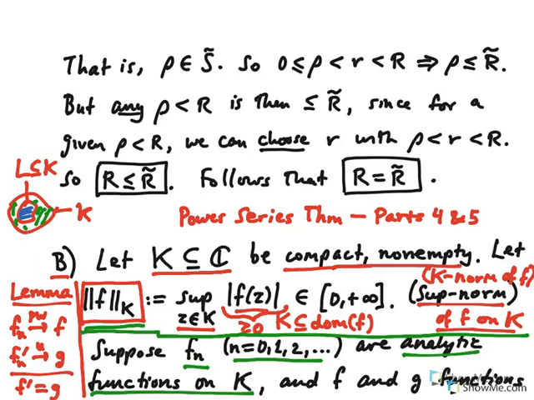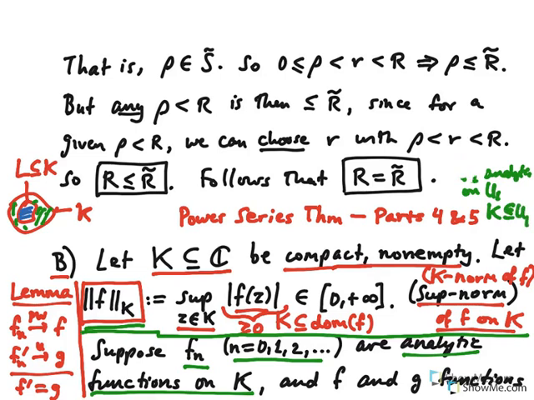Right? So for example, f0 will be analytic on a region u0 with K inside it. Then also f1 will be analytic on some region u1 where K is inside of u1 as well.